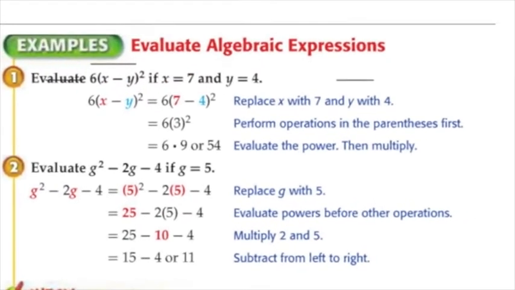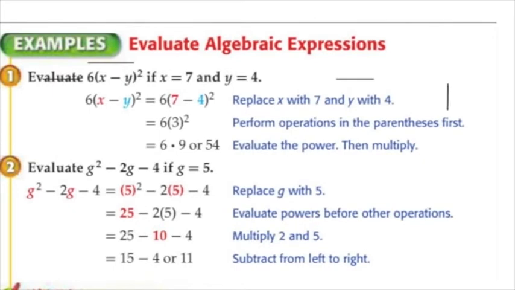We're going to perform the operations in parentheses first, which we already know to do because we know PEMDAS. So we go 6 times 3 squared. Multiplying that exponent for the E brings us to 6 times 9. And once we evaluate that, we get 54.